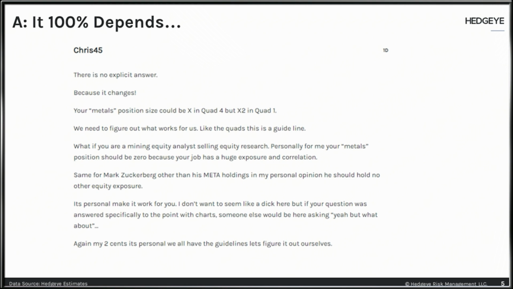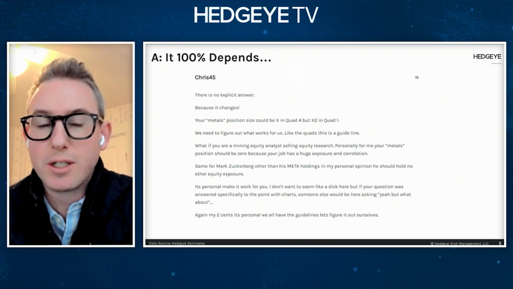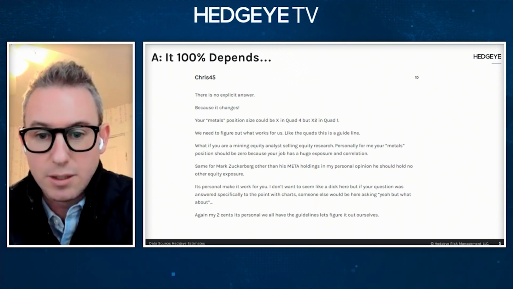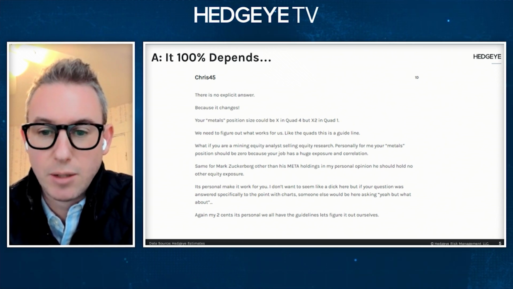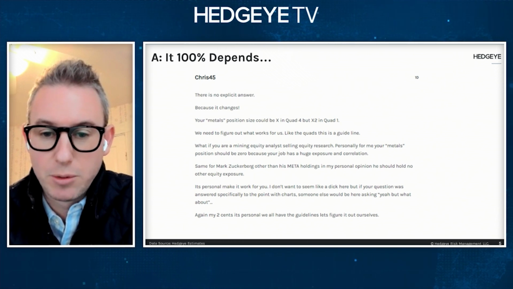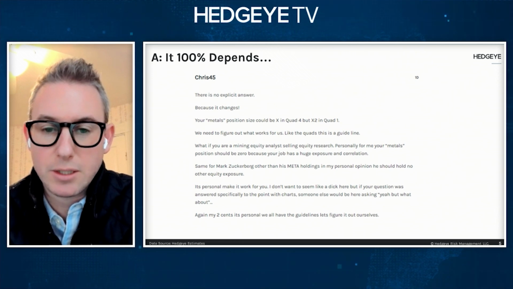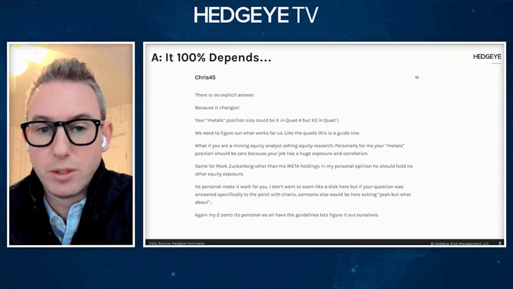Really, that asset allocation question is kind of tricky to answer because it 100% depends. As Chris alludes to here, it depends on your personal situation. He went a bit extreme with the Zuckerberg example, if you've got a boatload of common stock with options tied up, your asset mix is going to look a lot different than mine, which has none of that.